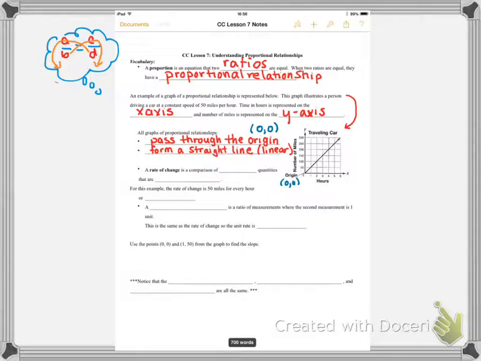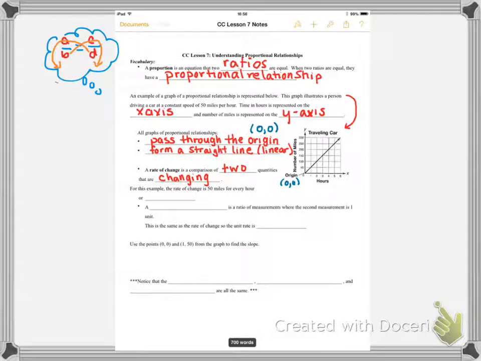A rate of change is a comparison of two quantities that are changing. And again, this relates to the graph that we see on the right, because this is an example of that. The rate of change is 50 miles for every hour.